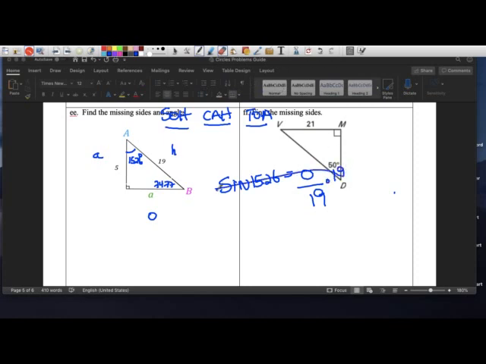Multiply this side by 19, and this side by 19. So the 19s simplify to 1. The opposite side is 19 times sine of 15.26. So 19 times sine of 15.26, that's going to give us 5. So the opposite side over here can't be 5.